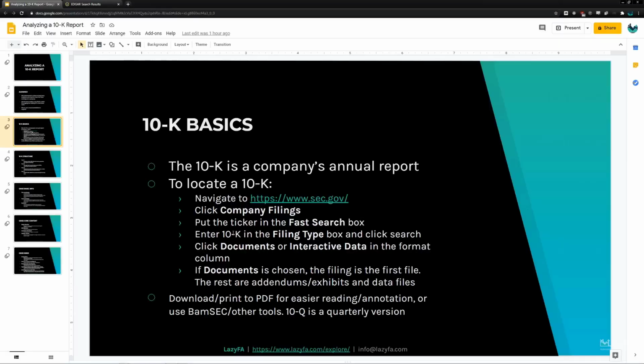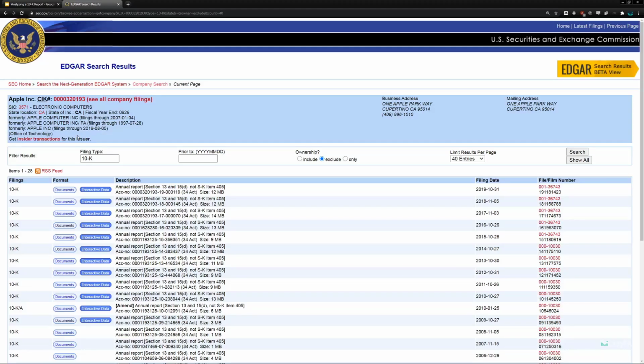You can also click on documents or interactive data in the format column. This interactive data is something they started after 2008, which just makes it a little bit easier to read these things.